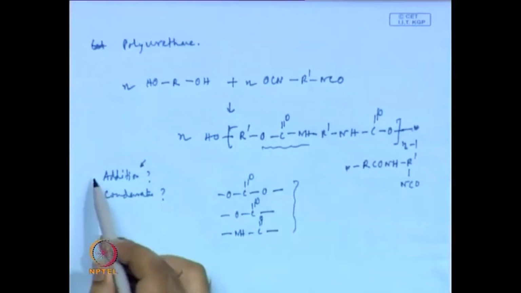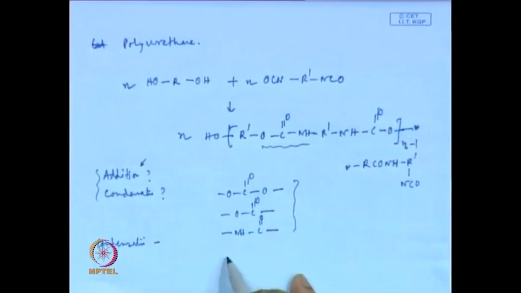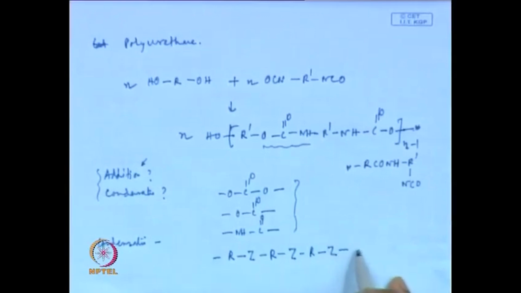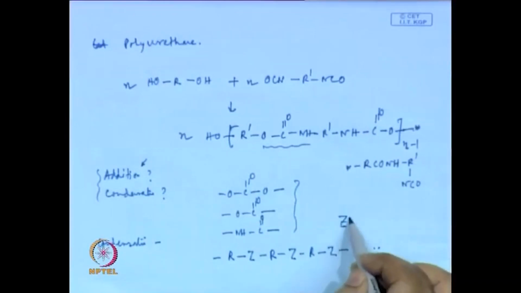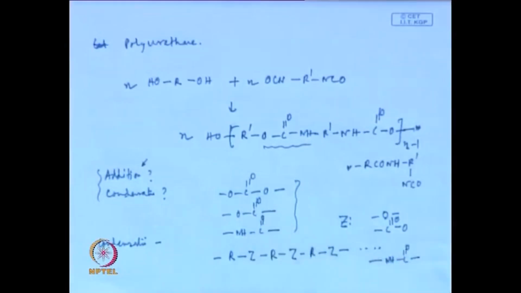So, the original definition of addition and condensation polymers is modified, and now condensation polymers are polymers where you have a functional group like this Z, where Z could be any of these. It could be oxygen, ether, ester, amide, any of these things.